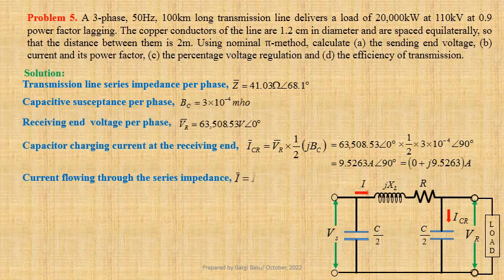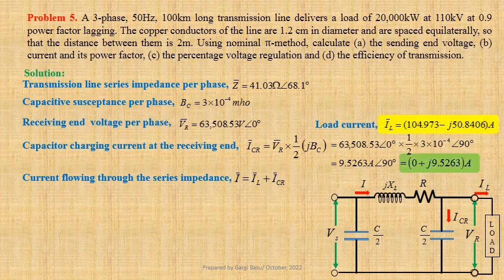Now we shall calculate current flowing through the series impedance. I equals IL plus ICR. We have computed load current IL equals 104.973 minus j times 50.8406 ampere.